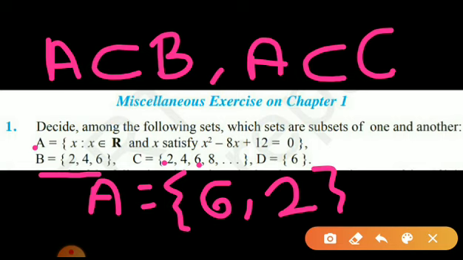What about set A and set D? Whether A is contained? No, because A has the elements 2 comma 6 and D has only the singleton 6. So A is not a subset of D, but D is a subset of A. Is that clear?